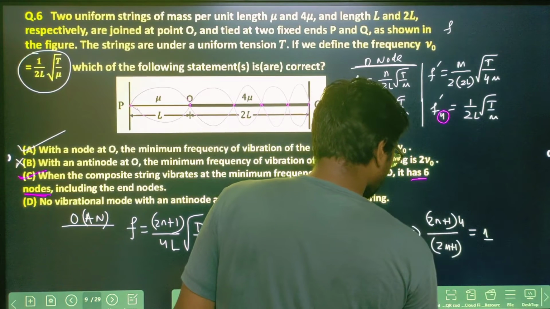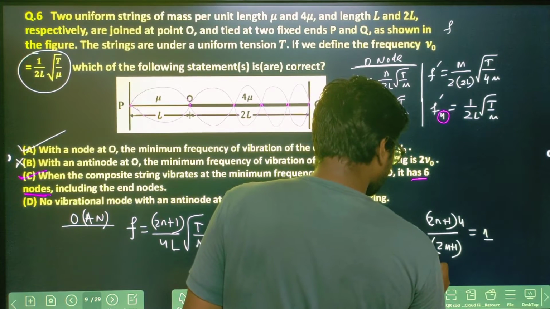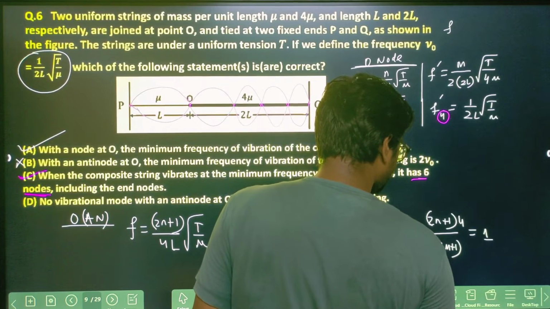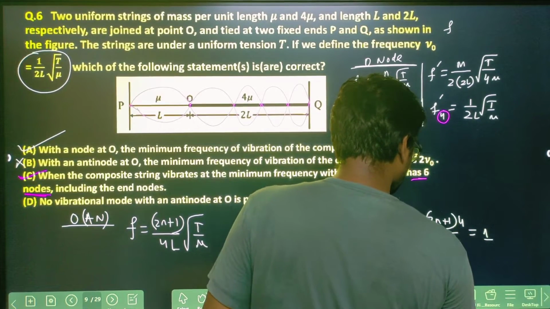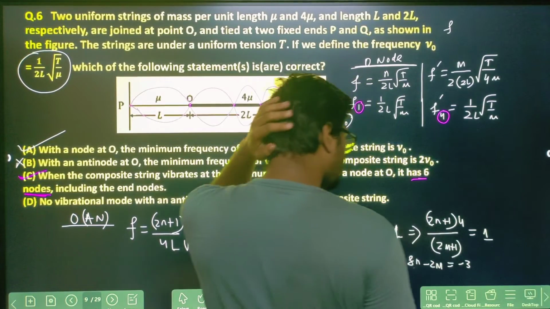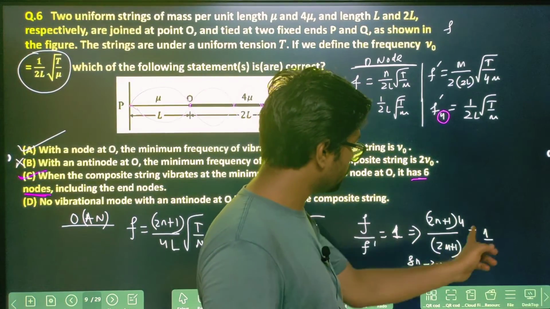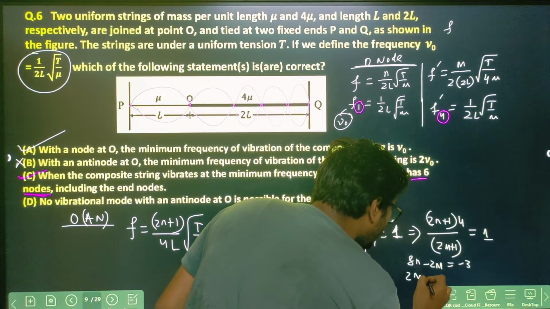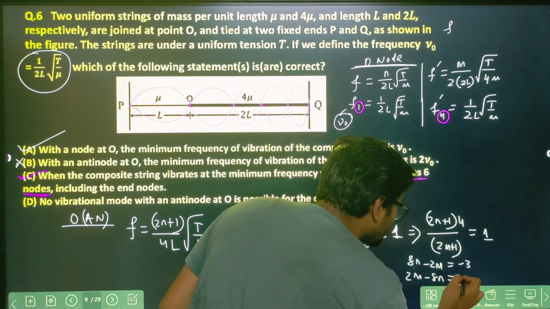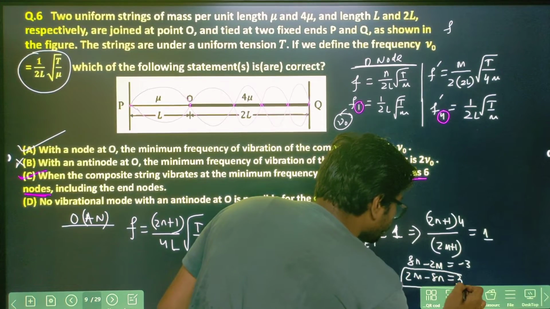If you calculate here, this will be 8n minus 2m equal to minus 3, right? Clear? For 4 times (2m plus 1), yes, this will be minus 3. So I can write 2m minus 8n equal to 3. This equation has to be satisfied.